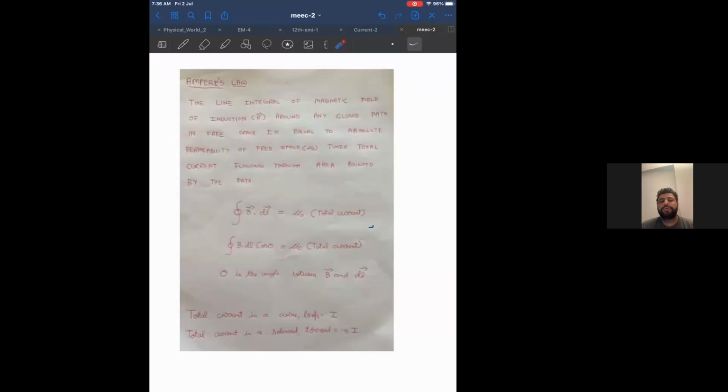And best example of closed surface is rectangle, comma, circle. There is no unit of free space, but there is a unit of absolute permeability of free space.